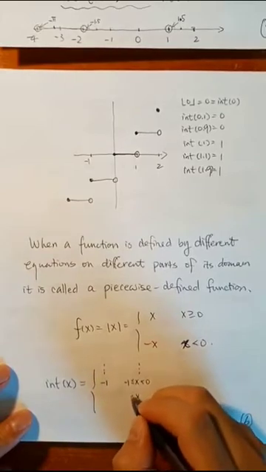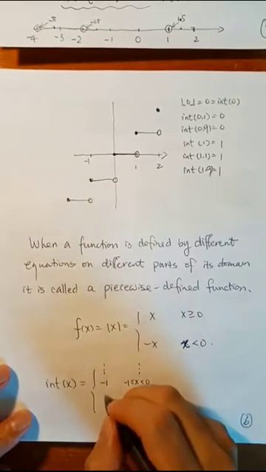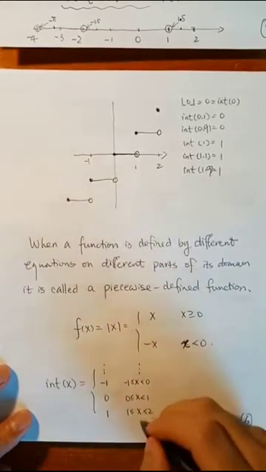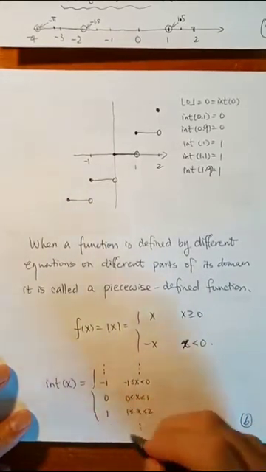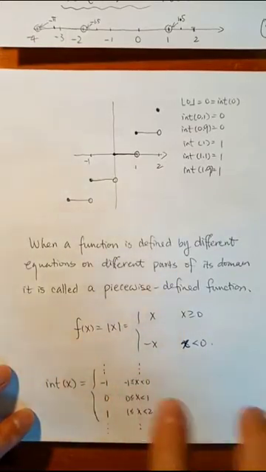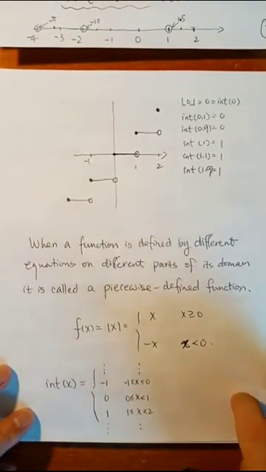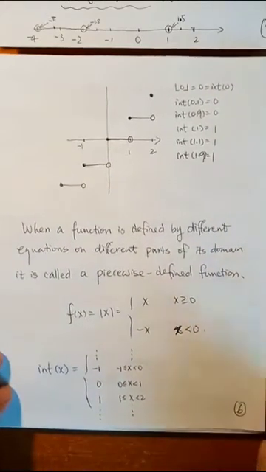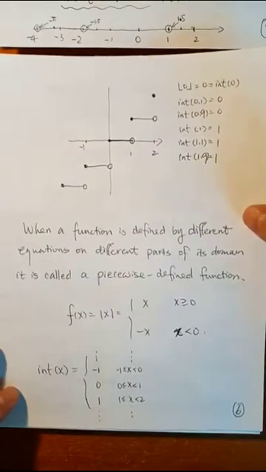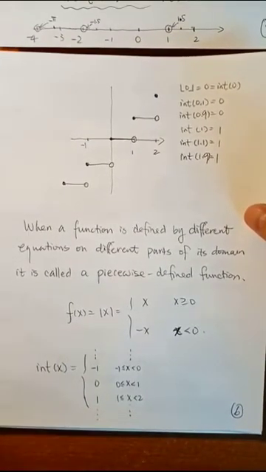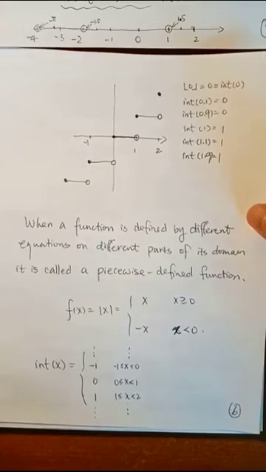When x is between 0 and 1, it's 0. When x is between 1 and 2, it's 1. So it's an infinite piecewise defined function. Over this interval, it's this value; over the second interval, it's the second value. And that's the piecewise definition of the greatest integer function.